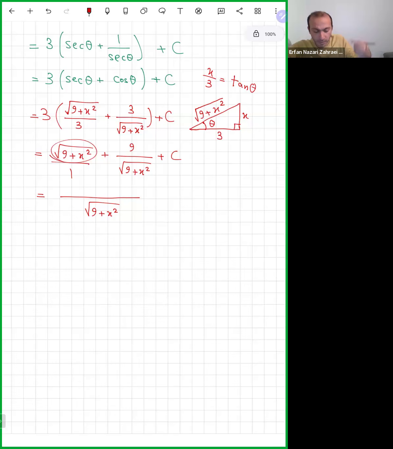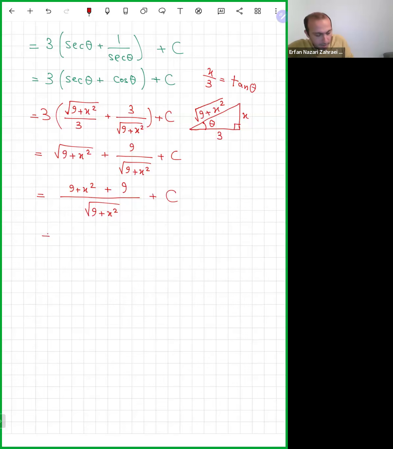Root times root cancels, and you get just 9 plus x squared, plus 9.